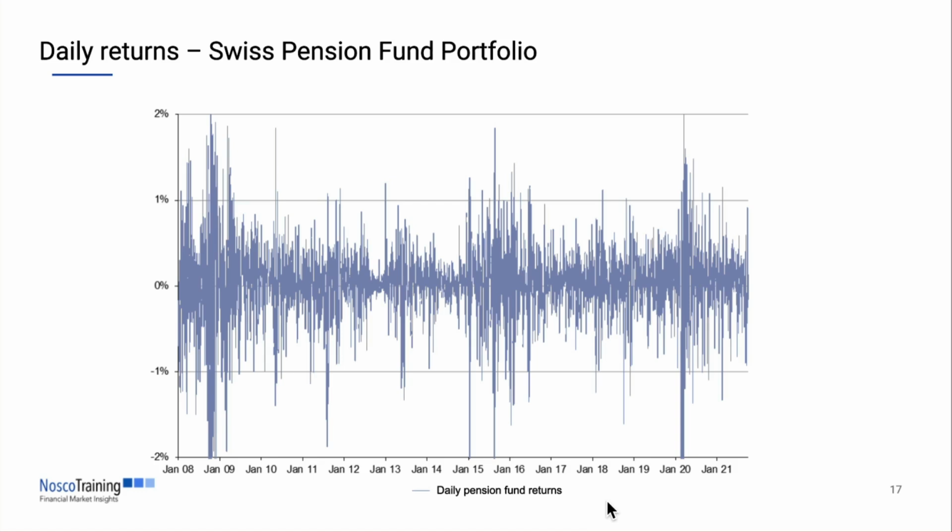But what I have here is a real life example. This is the value changes, the returns of a Swiss pension fund portfolio, right? That portfolio has invested mainly in liquid assets, so you can get a net asset value every day.